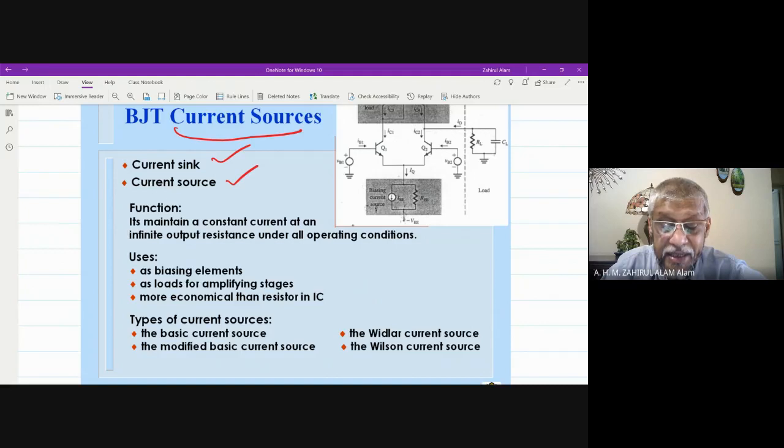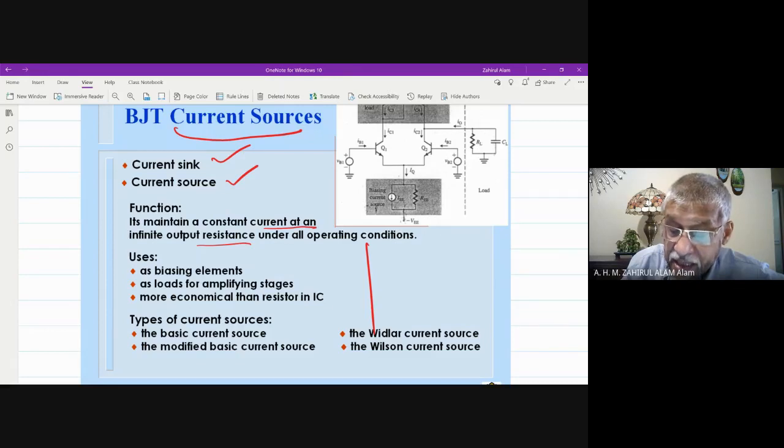It maintains a constant current at infinite output resistance under all operating conditions. What does that mean? That means we need to design an ideal current source.